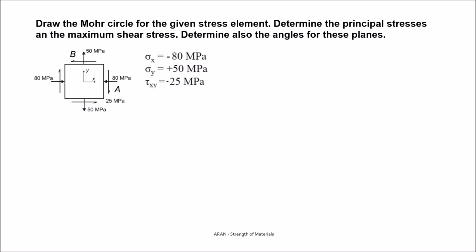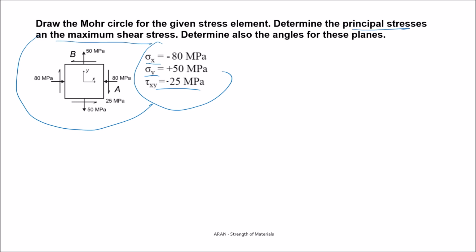Let us solve an example. A stress state is given. Sigma x, sigma y, and tau xy are given. So we have to determine the principal stresses and the maximum shear stresses and their orientations.